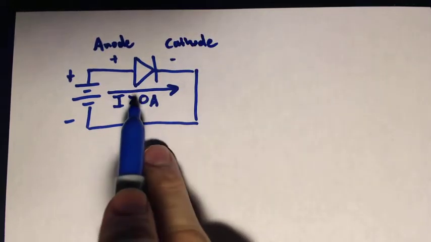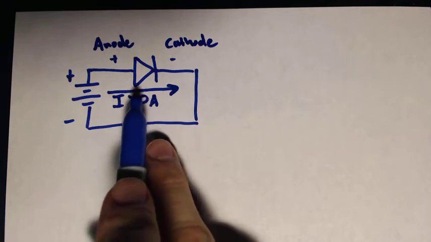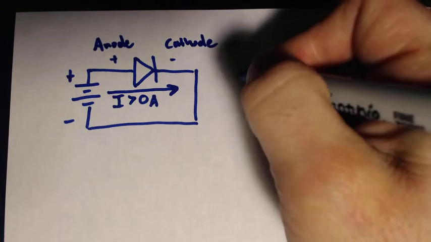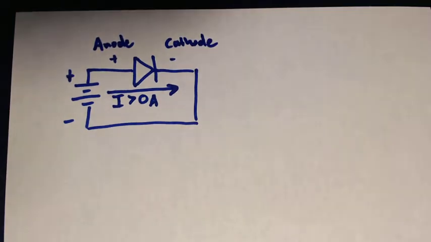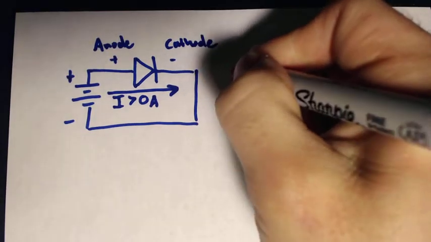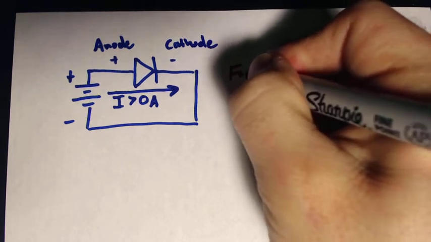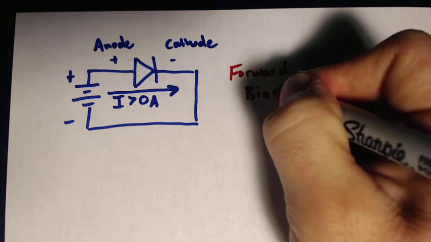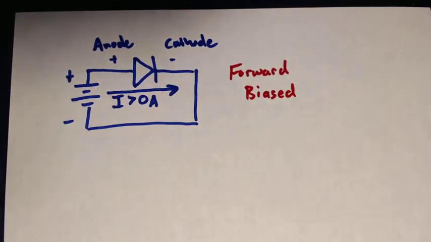Now, when we have our diode such that current is flowing through it, we call that forward biased. Biasing or biased is just a fancy way of saying which way your polarity is applied.